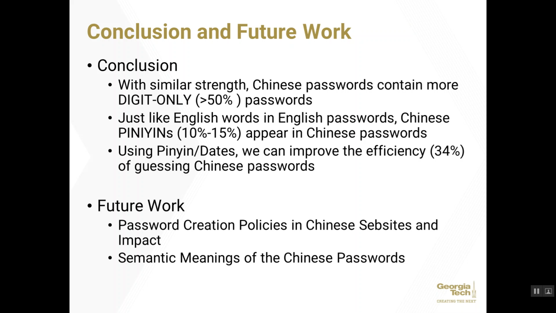So, Chinese passwords have over 50% digit-only passwords, and they contain many pinyin. This paper increased the guessing efficiency by 34%. In further studies, we can use the pinyin and dates to improve the guessing efficiency for them. Thank you very much.